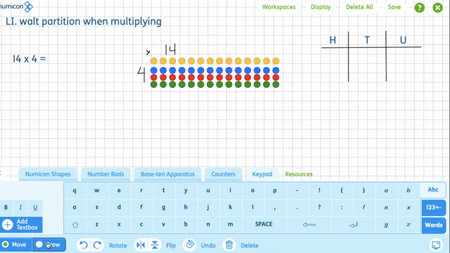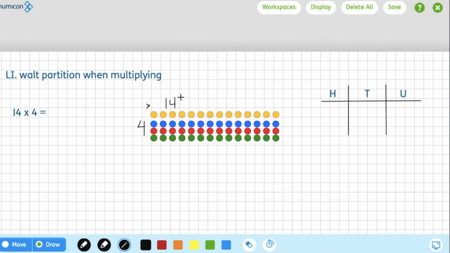And what I'm going to do, instead of figuring out 14 times 4, because I don't really want to count up in 4s 14 times, I'm just going to draw a line after 4 of my columns here, 1, 2, 3, 4. And then all of a sudden, I don't have 14 times 4, I have 2 separate arrays.